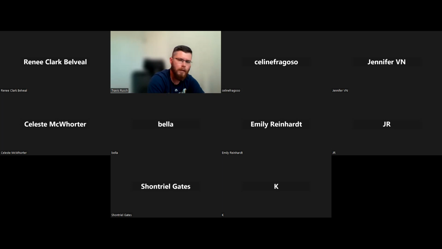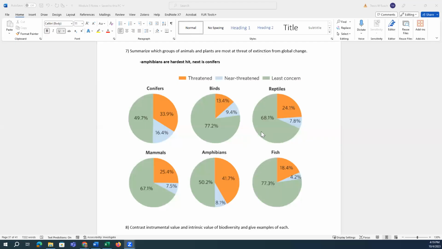Sure. So this is referring generally to, I believe, this set of figures that we've seen. It says summarize which groups of animals and plants are most at threat of extinction from global change. And this breaks it down with conifers being types of trees, and obviously birds, reptiles, mammals, amphibians, and fish.